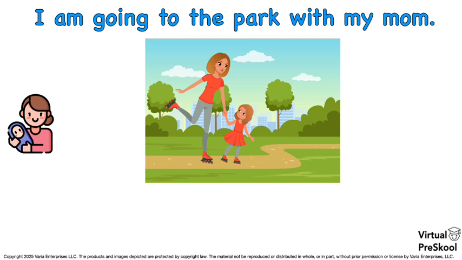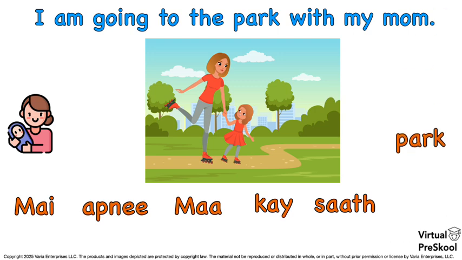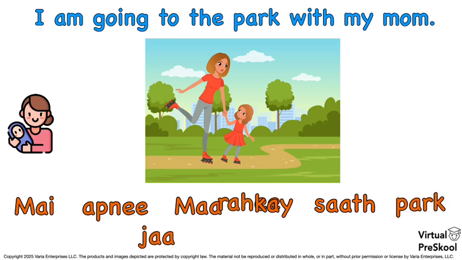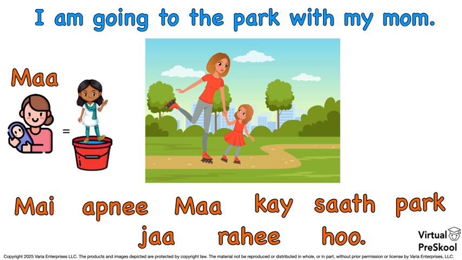So the sentence would be, मैं अपनी माँ के साथ पार्क जा रही हूँ. And it's apni because ma is a striling, a girl bucket noun.